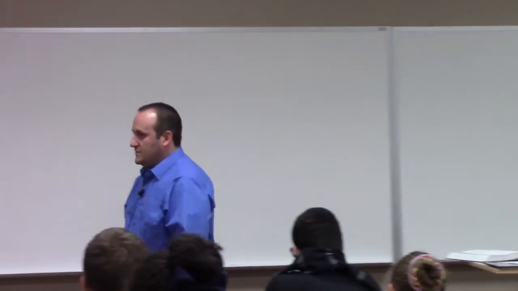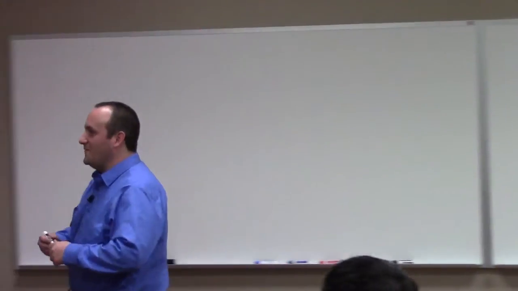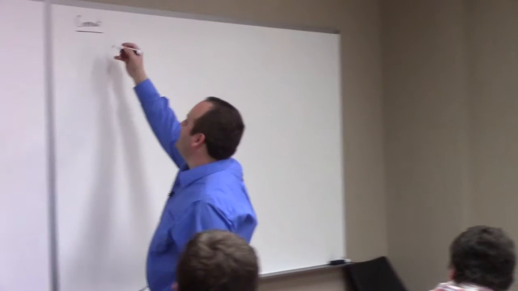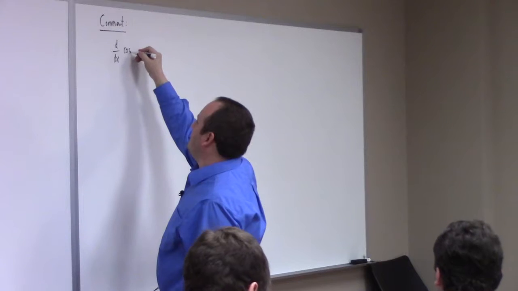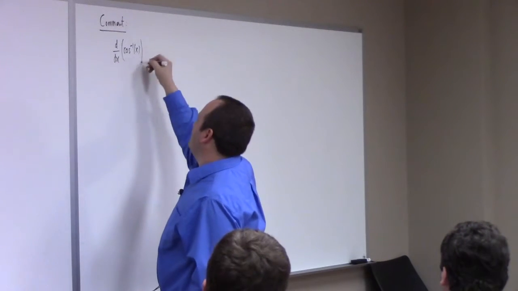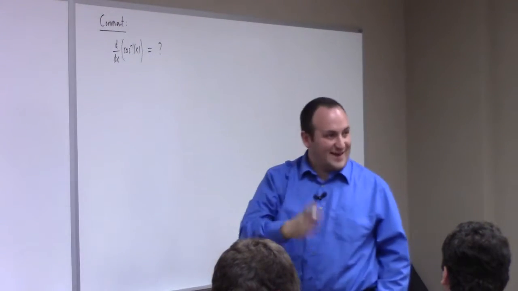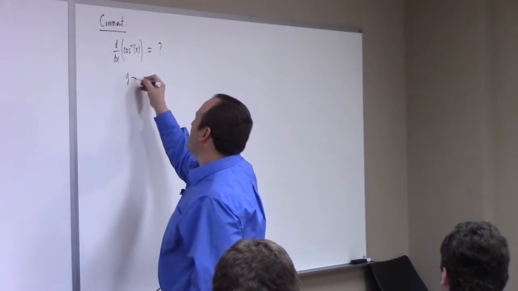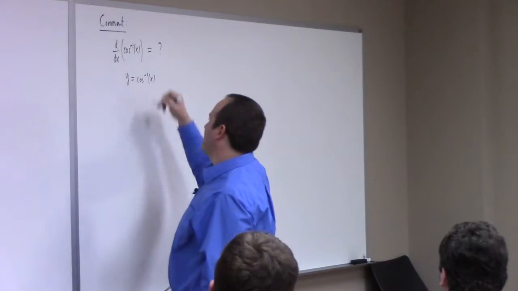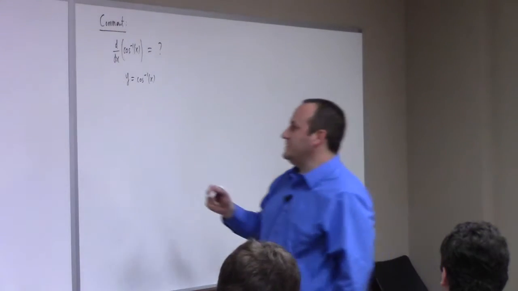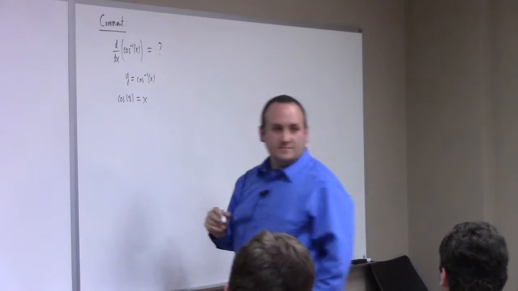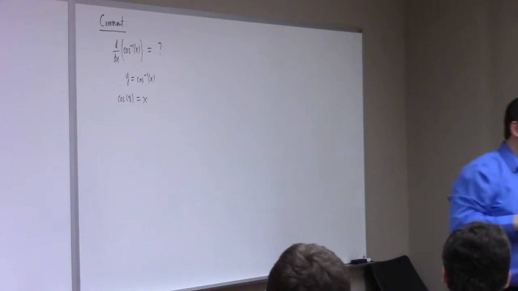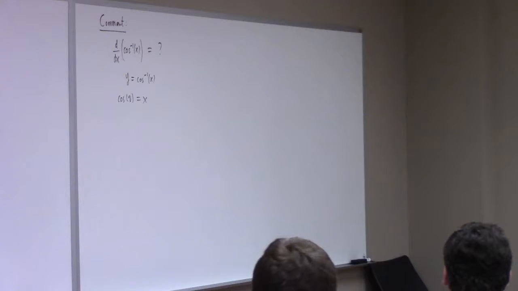First of all, I wanted to address the unfortunate events of yesterday, and just to clarify, if I wanted the derivative to differentiate inverse cosine of x, what would I do? It's not that complicated. I set y equal to cosine inverse of x, and then cosine of y is equal to x. Then differentiate implicitly.